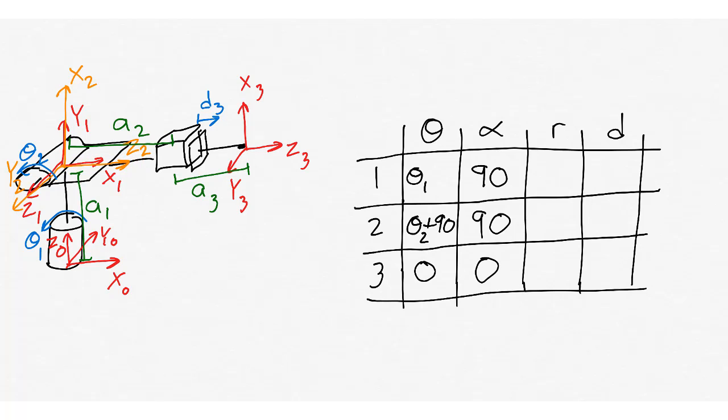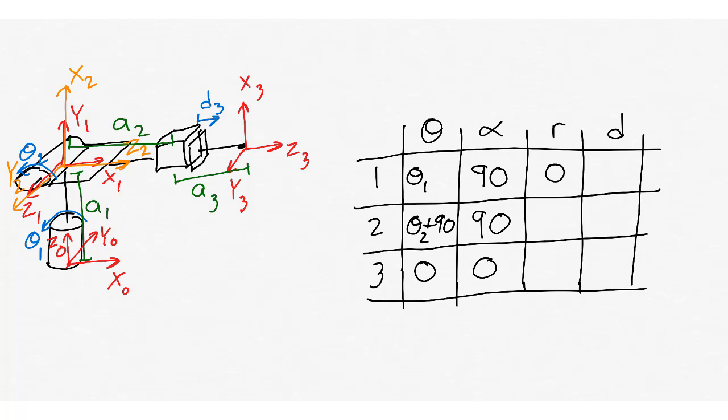R for the first row asks us, what is the displacement from frame 0 to frame 1 in the xn direction, and xn here is x1. The centers of these two frames are lined up perfectly in the x1 direction, so r in the first row is 0. Next, we'll do r for the second row.